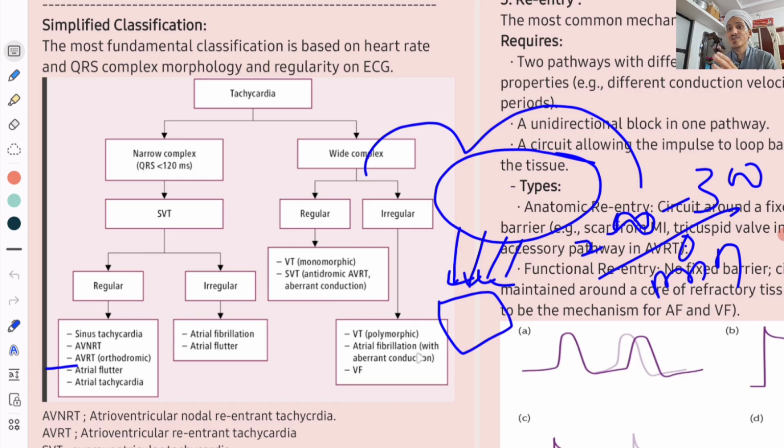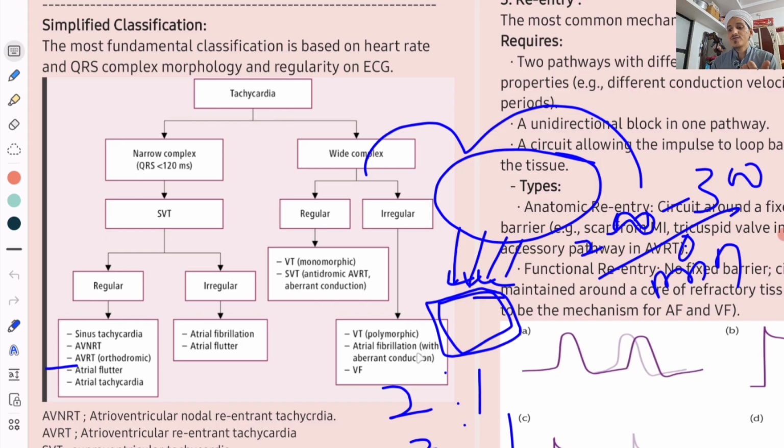This circuit is atrial flutter. But because the AV node has very high resistance, it will not conduct every impulse it receives. Commonly it will conduct in a 2:1 pattern, meaning for every 2 impulses it will conduct 1, or in a 3:1 pattern.